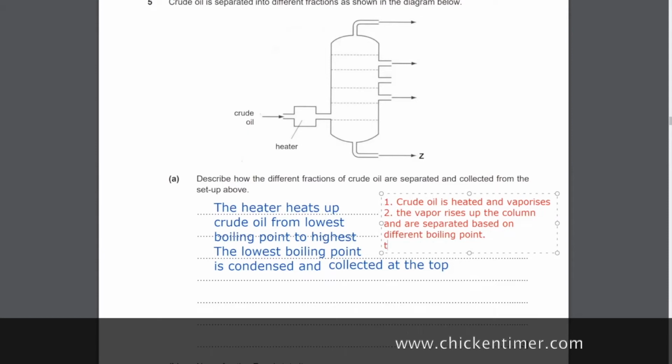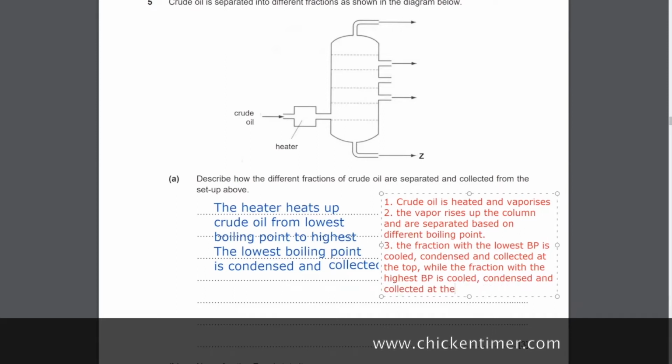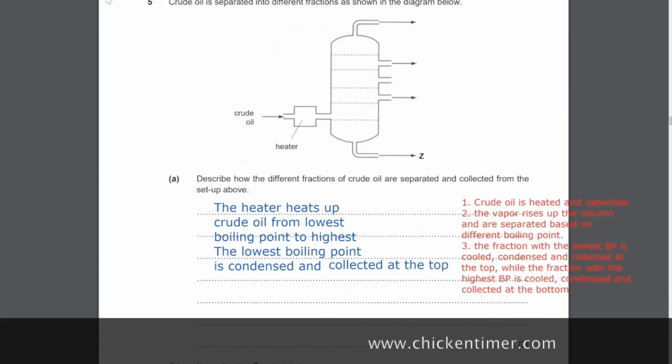Then number 3, the fraction with the lowest boiling point is cooled, condensed and collected at the top, while the fraction with the highest boiling point is cooled at the bottom. So you see where the mark distribution goes. Mark number 1, mark number 2, mark number 3.